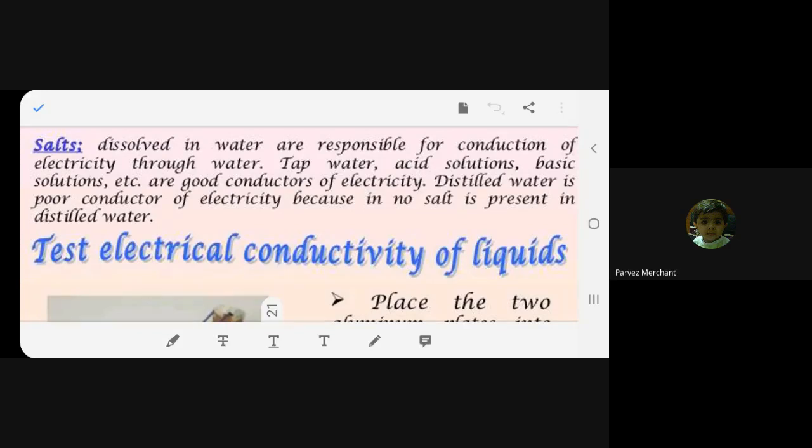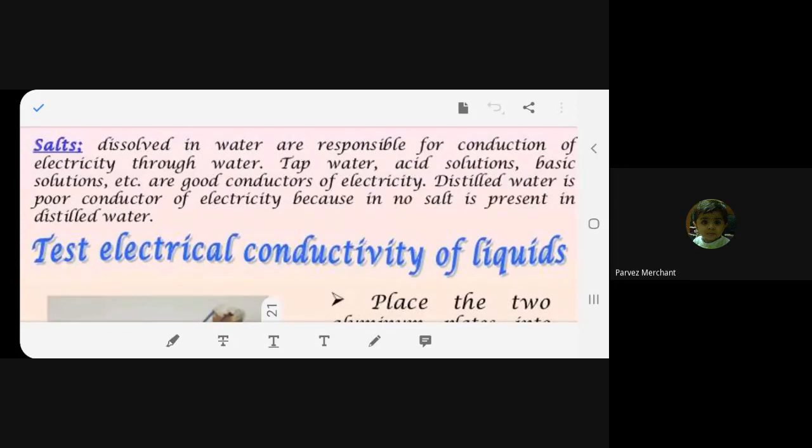Fine. So how can salts conduct electricity? Just imagine, if we use table salt or any type of salt and dissolve it in water, then it can conduct electricity. Example, tap water. Tap water comes through so many pipelines. You agree? The pipes are made up of metals.